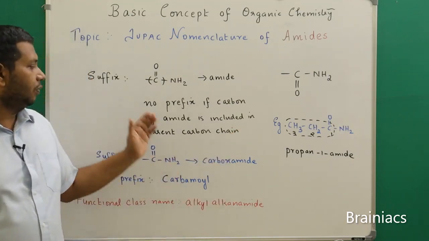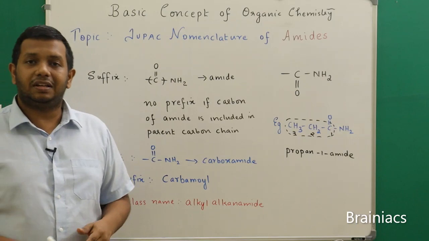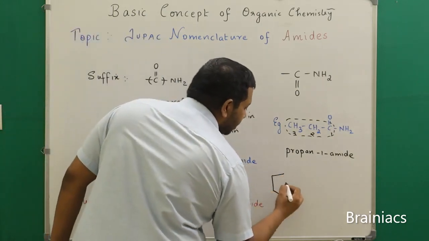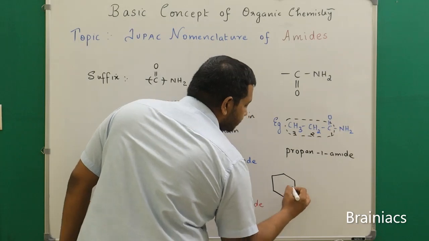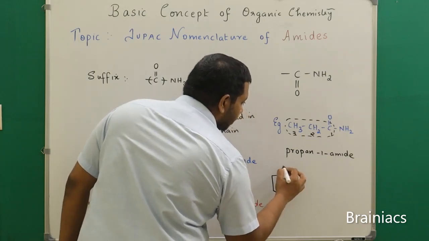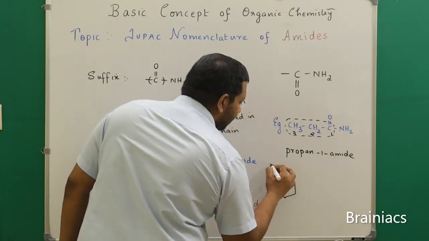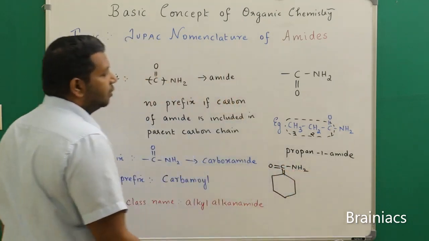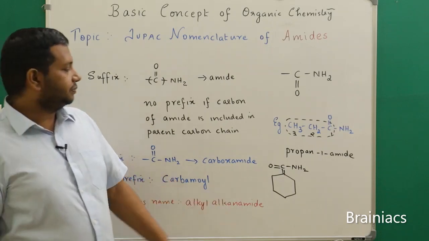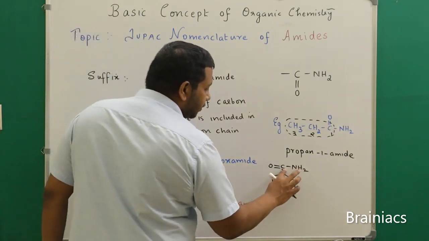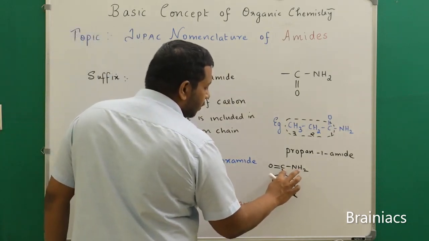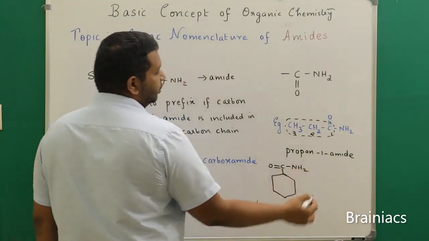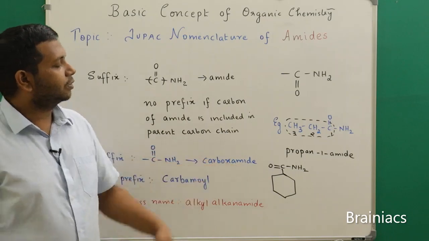Understood? So we will see more examples for your easy understanding. Let's take one example like this. Now you might have seen this many a time with other functional groups. Can you tell me the name of this compound? You could see here there is no double bond, just CONH2 is added. So what can be the name of this compound?